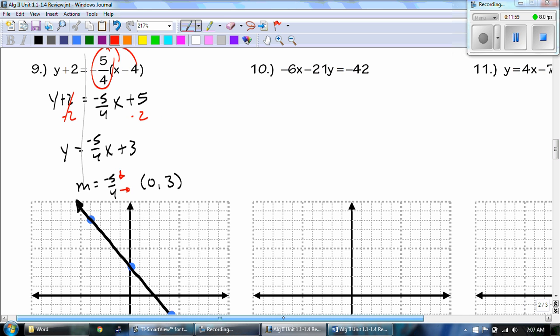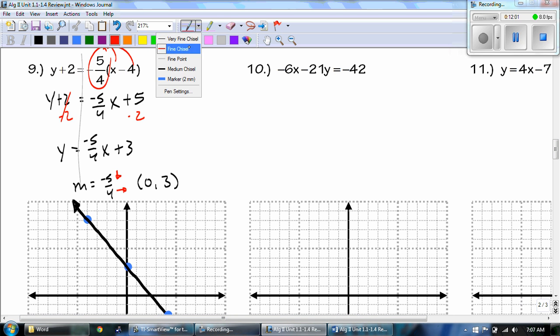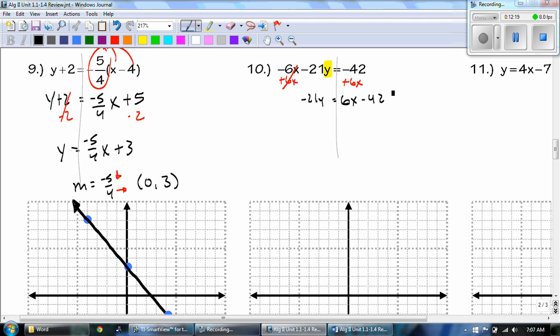Okay, number 10. Same thing. You got to solve for y. Okay, get that y by itself. So I'm going to add the 6x to the other side. And we get negative 21y equals 6x minus 42. And then to get the y by itself, I have to divide by negative 21.